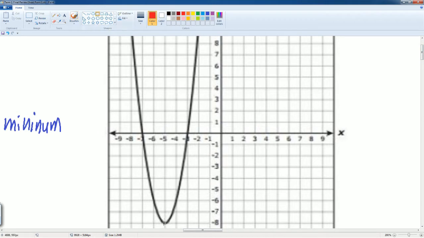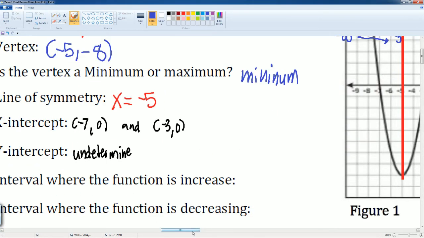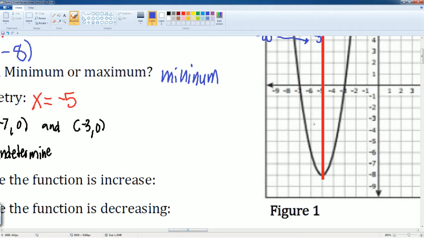Okay. Then we can look at where it is increasing and decreasing. Let's start by drawing the line of symmetry again. Now we saw that it was decreasing here because it was going down. It goes from -infinity all the way to the value of -5. So we would write here the interval for decreasing, which would be -infinity, comma -5.